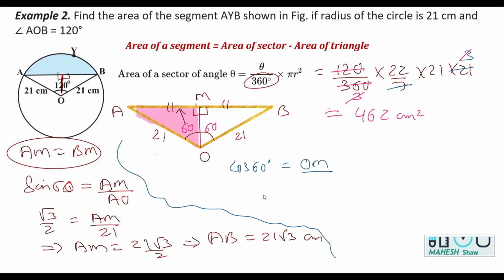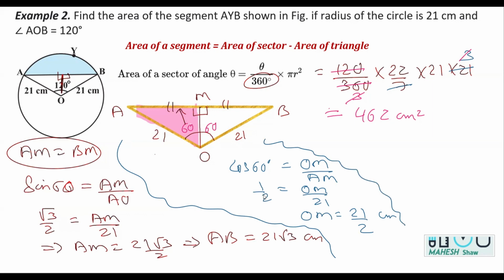From the figure you can say the base is OM and the hypotenuse is OA. Cos 60 is half, and OA is 21. So by cross multiplication, we got OM is equal to 21 over 2 centimeters. So we got the base and the height.